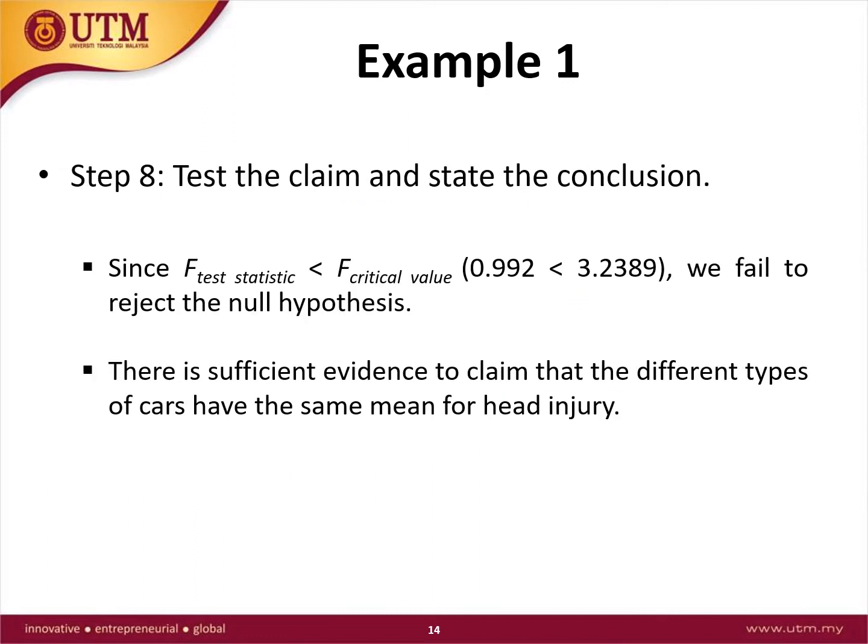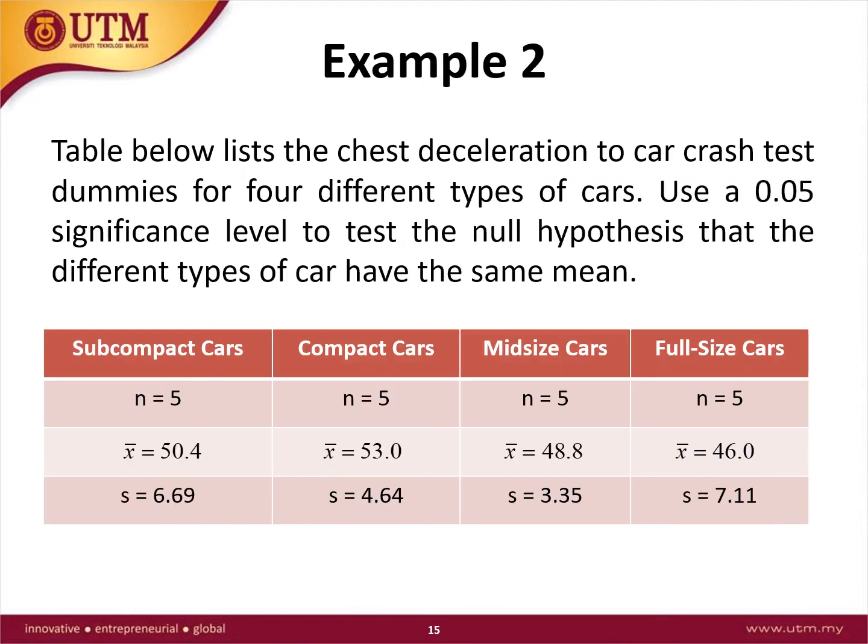Then state the conclusion: since the F test statistic 0.99 is less than the critical value 3.2, we fail to reject the null hypothesis. There is not sufficient evidence to reject the claim that the different types of car have the same mean for head injury.